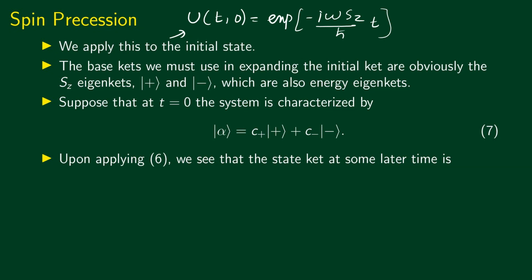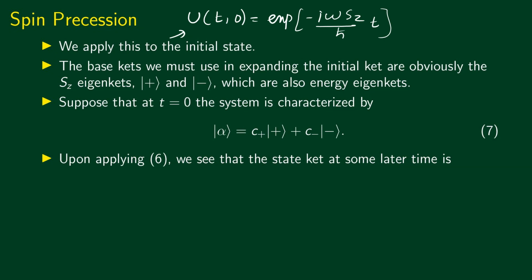We said that this is easy if we use the basis vectors in such a way that the base kets are also energy eigenkets. We already know that the two operators that we have here are Sz and H. They commute. So we have a complete set of commuting observables which also commutes with the Hamiltonian.